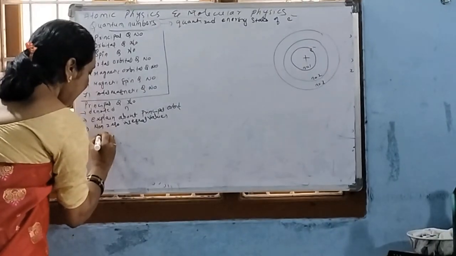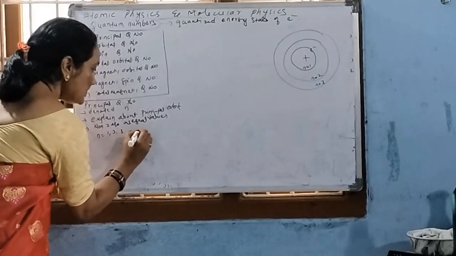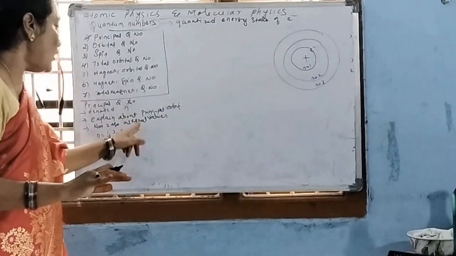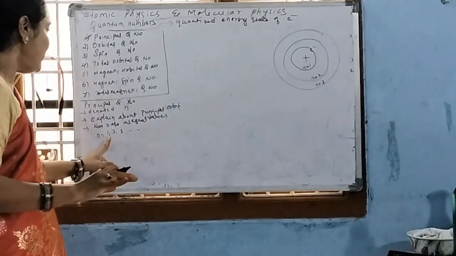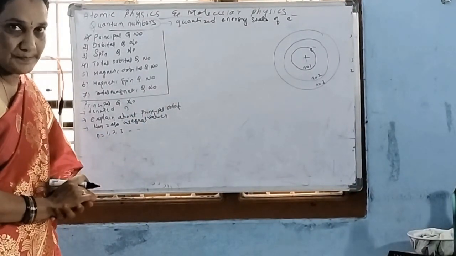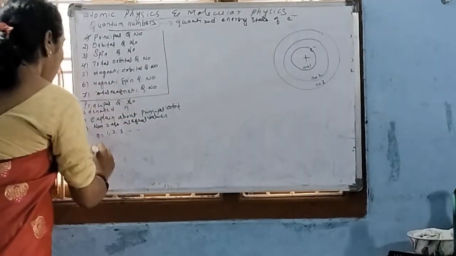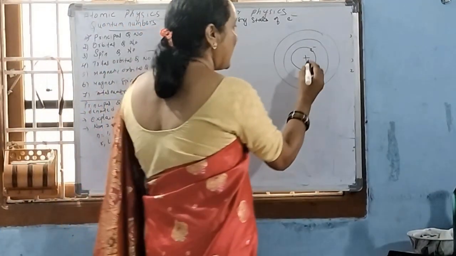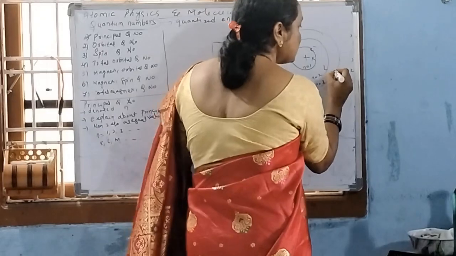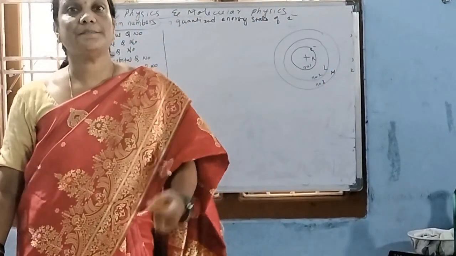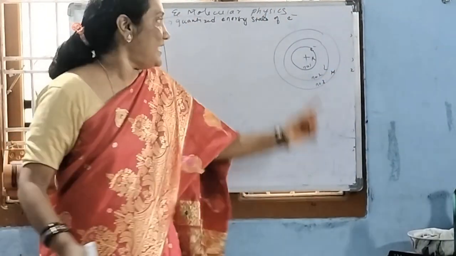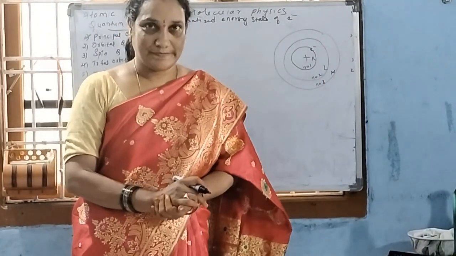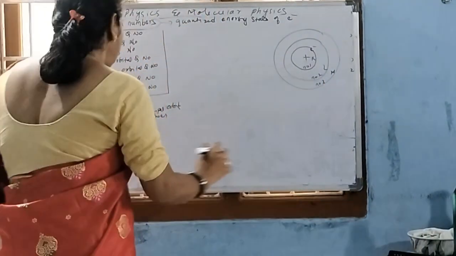That is, n will be 1, 2, 3, and so on. And these are named as K, L, M, and so on. So as per Bohr's theory, these principal orbits or main orbits are named with the letters K, L, M, and so on.